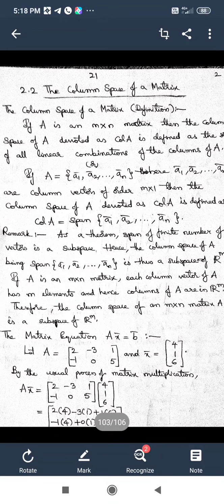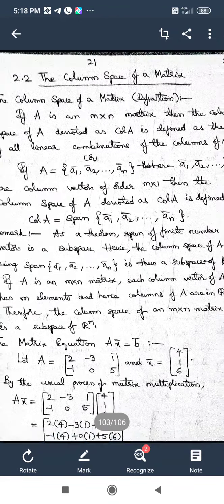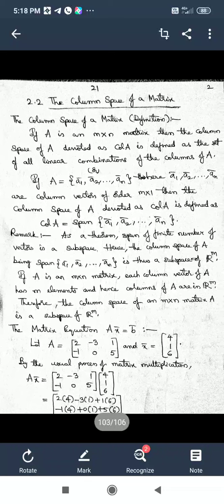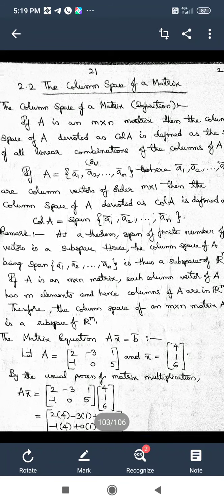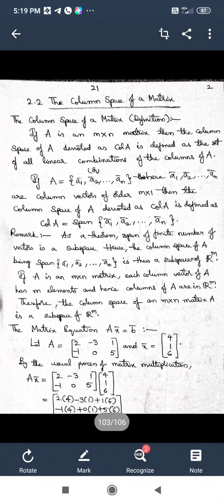If I take each column as a column vector and denote it as a1 bar, a2 bar, so on, an bar, then the set of all linear combinations of these column vectors is called the column space of A, and it is denoted as COL A. The first form of the definition simply gives the column space of A without considering any entry of the matrix A.